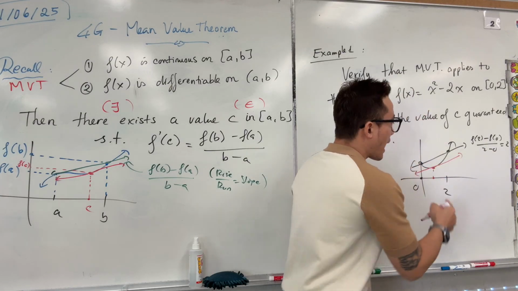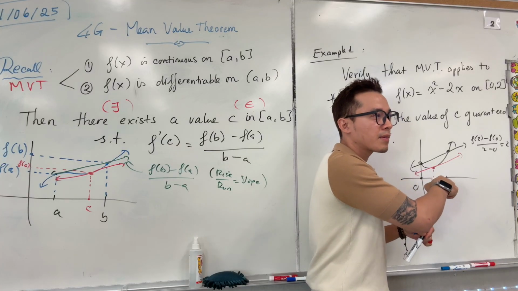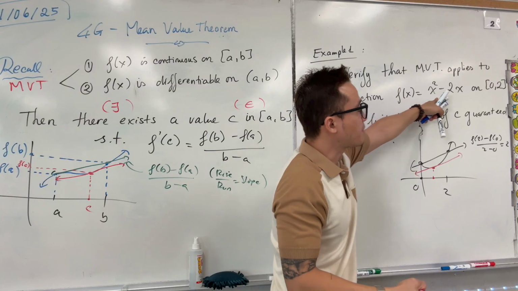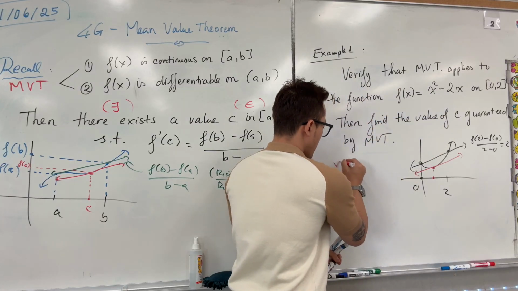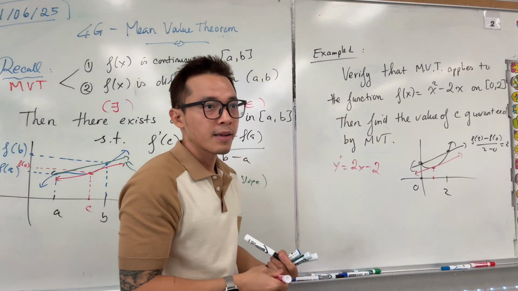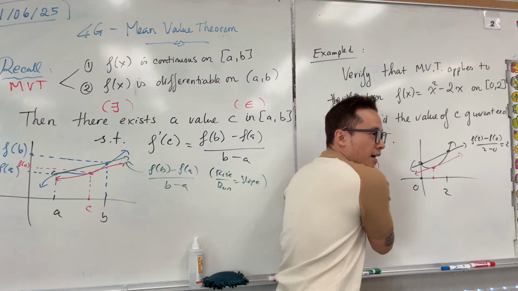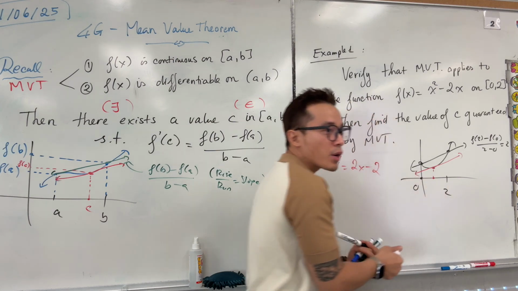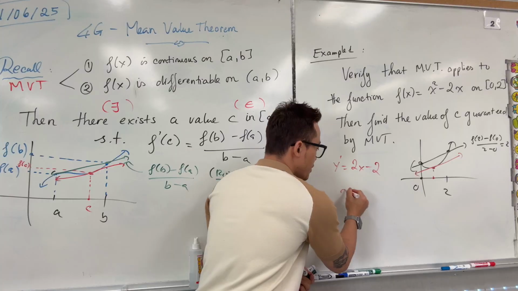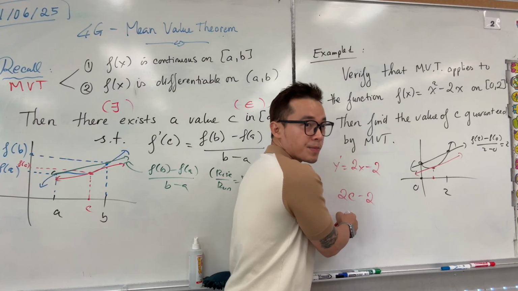But how do you find the tangent line? You take the derivative. Do you agree? Then what is the derivative of this? 2x. So y prime equals 2x minus 2. I want to find the tangent line at C. What do I need to do? I just plug in C for x. So now I have 2C minus 2.